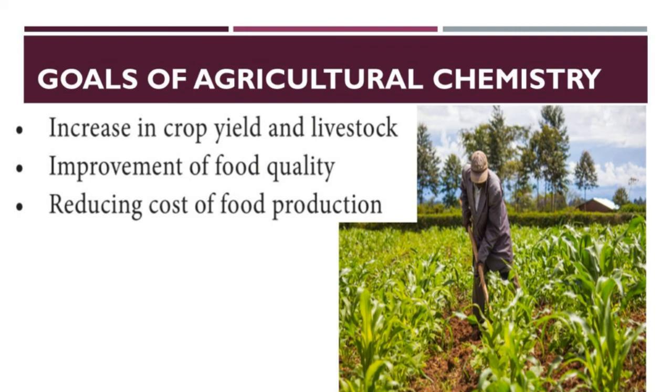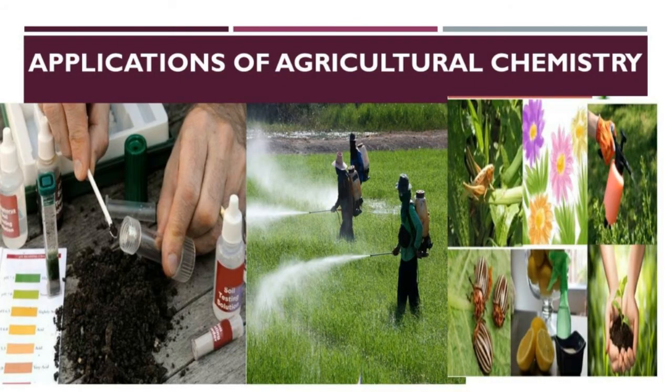Based on the issues and challenges in agricultural production, agricultural chemistry mainly focuses on the following: increasing crop yield and livestock, improvement of food quality, and reducing the cost of food production.